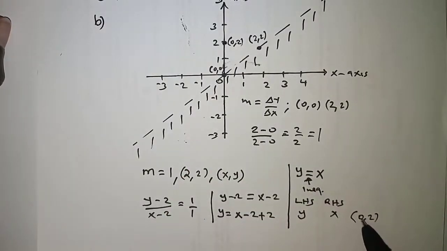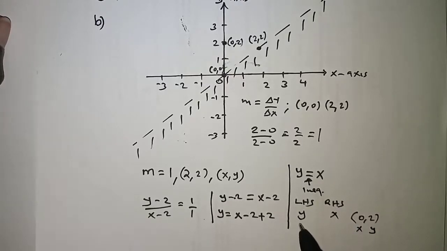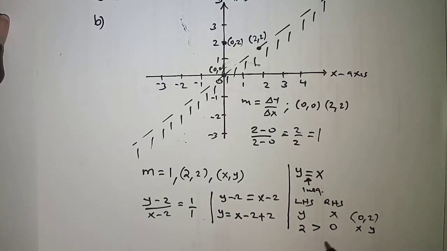Remember, for this case x is 0 and y is 2. So we replace the values. On the left hand side we have y as 2, and on the right hand side x is 0. So 2 and 0, we relate that 2 is greater than 0.